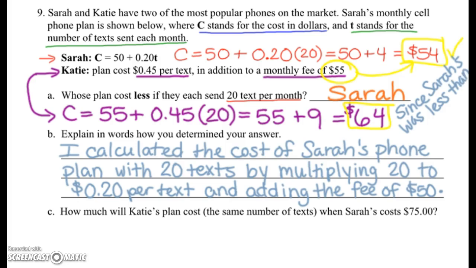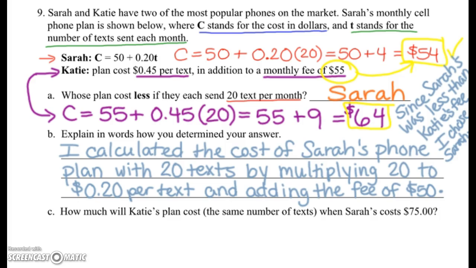How much will Katie's plan cost for the same number of texts when Sarah's costs $75? Well, we first have to figure out how many texts Sarah had when she spent $75 on her phone plan.